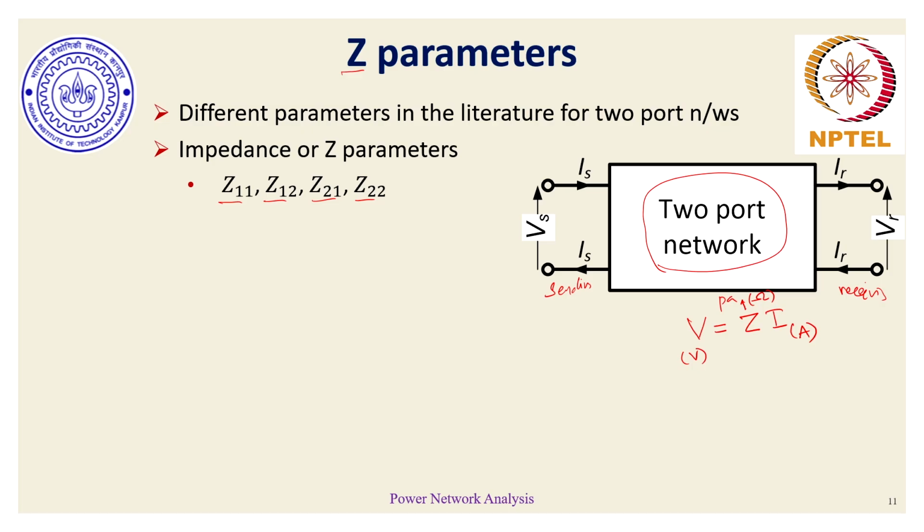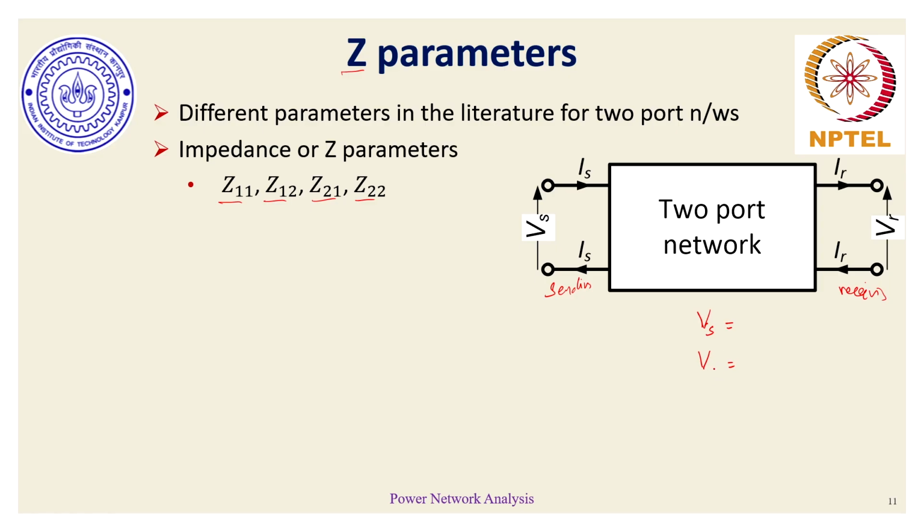How do we relate these Z parameters in terms of the equations that are going to come up? For this two-port network, we have two voltages, remember, one on the receiving end and one on the sending end. If we are using Z parameters to represent these voltages and currents, both voltages should be present.